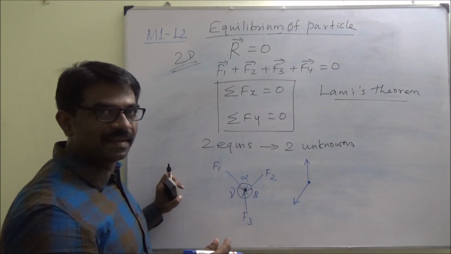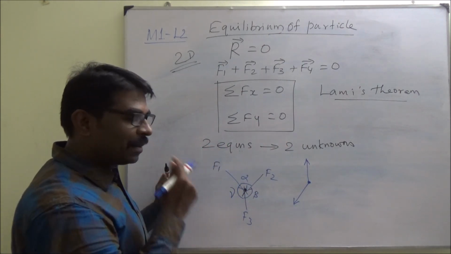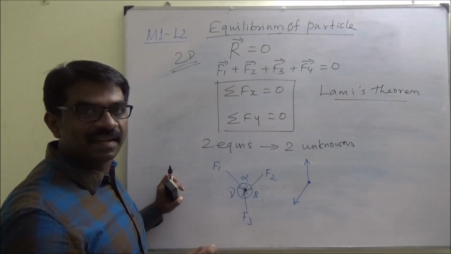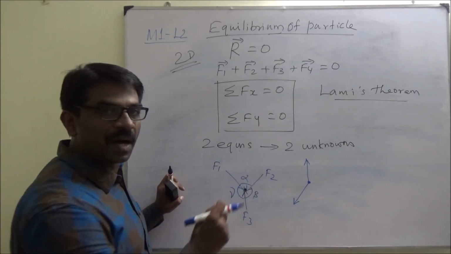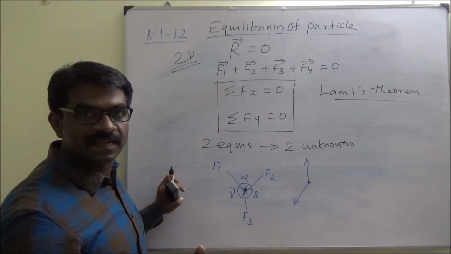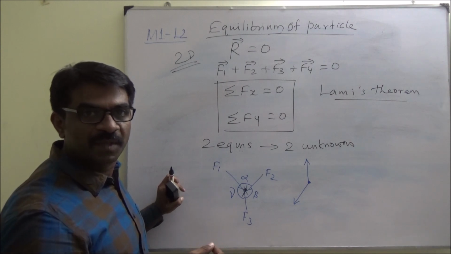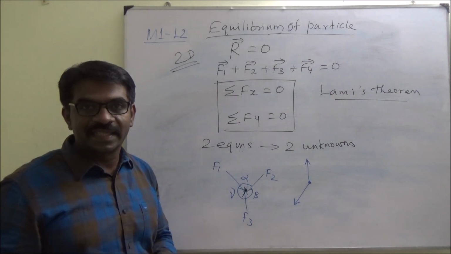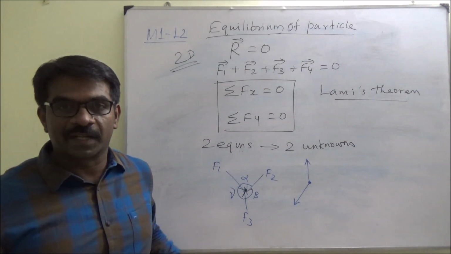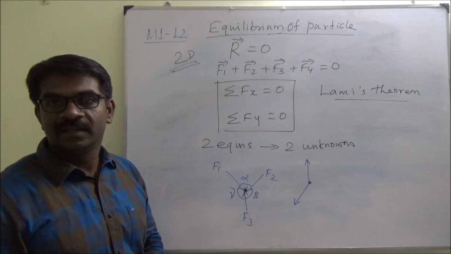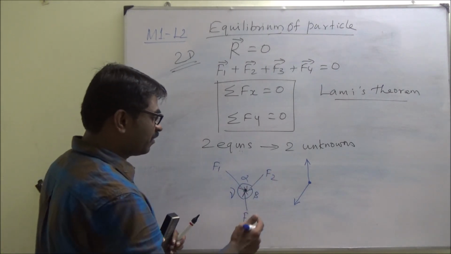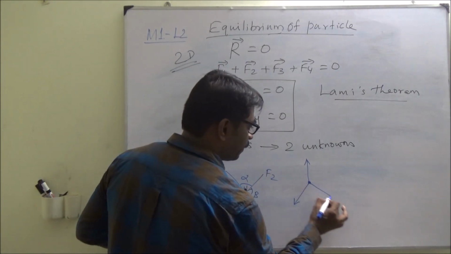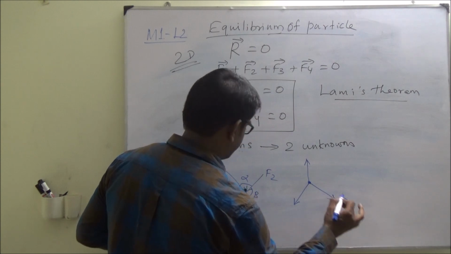That means some tension is acting. But since we are treating it as a particle, the shape and size do not come into the picture, number 1. Number 2, it is a rigid body, we are not considering the deformation. I have the freedom to represent the force. My F1 will be put like this.